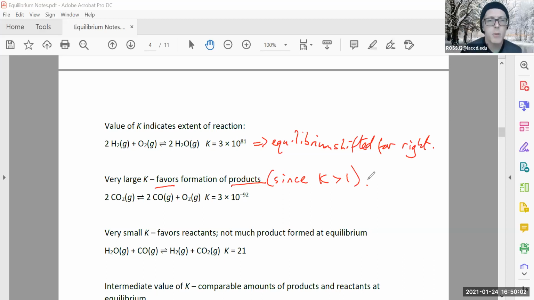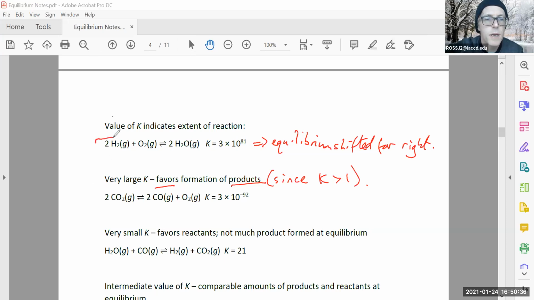So the other example here, 2 lots of CO2 gas give 2 lots of carbon monoxide gas and oxygen. And here we're told that K is actually 10 to the negative 92. Well, in this case, let me get my stylus behaving itself.